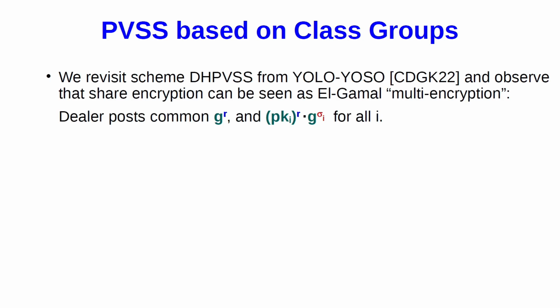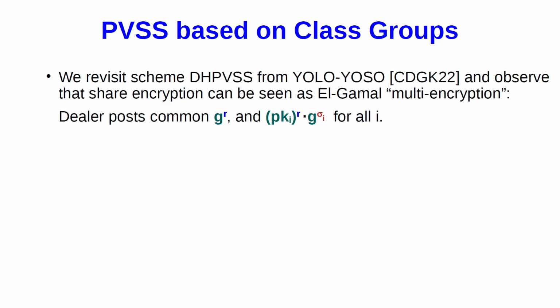So this is what allows us now to turn a PVSS that we had in Eurocrypt 22 into a version of this PVSS that allows us to get the field shares. Because in the scheme that we had in Eurocrypt, one thing that we did in this work is to reinterpret that as some kind of ElGamal multi-encryption.